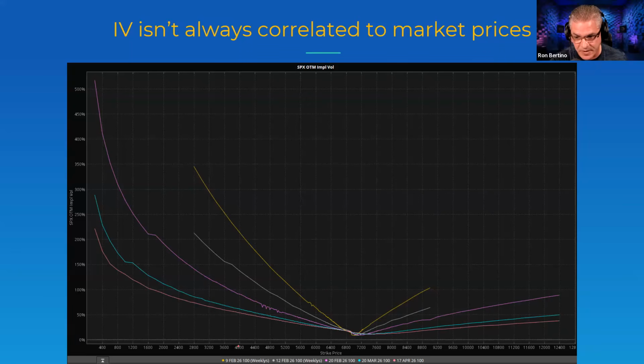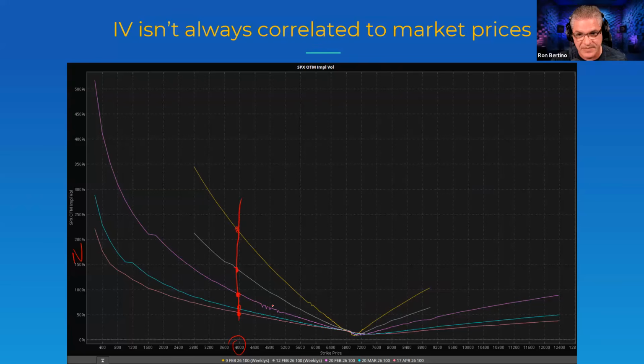And now if we choose any strike, say the 4000 here, look at this IV over here. This is the IV at a certain amount of time out. And then as we get closer in time, IV increases, then it increases, then it increases higher. Across every strike, you can see the same effect. Does this mean that more people are buying closer dated options than further dated options? No.